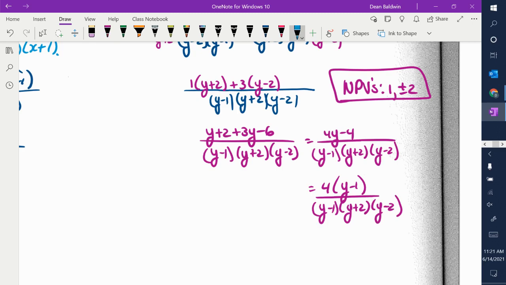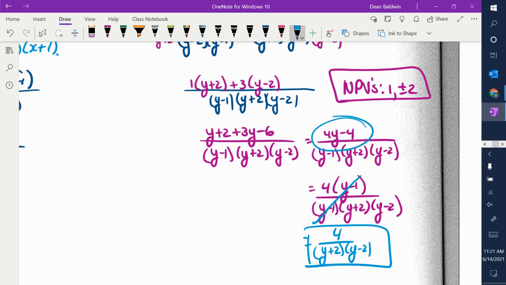Cancel the y minus 1s. So the final answer is that. And the things that cancel, again, in Math 12, you will learn that that actually means something in the graph. It means there's a hole in the graph. So when you get to the end, if you can factor whatever you have up there and cancel one of the terms, do it. But it doesn't change the NPVs. The NPVs stay the same.